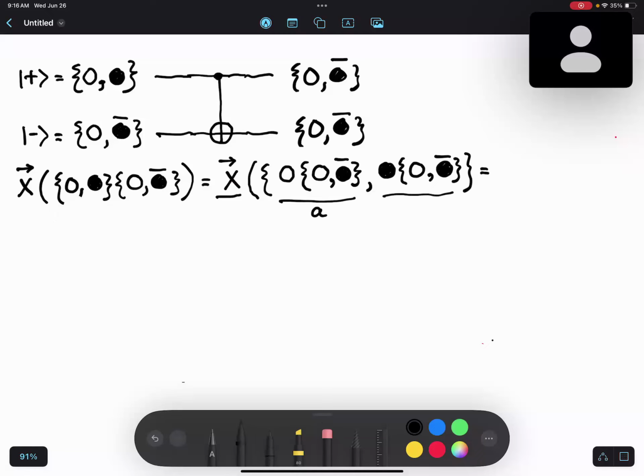This could be A and this could be B, which means I'm going to calculate something like this. Well, that's actually AB, and this is something like CD. And I say you have to do X applied to AB, and then you have to do X with a control applied to CD. That's what I'm trying to do, okay? So as long as you understand what I'm trying to do, let's erase and do it.